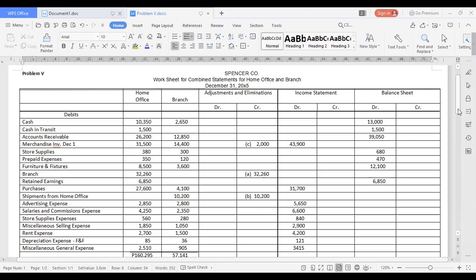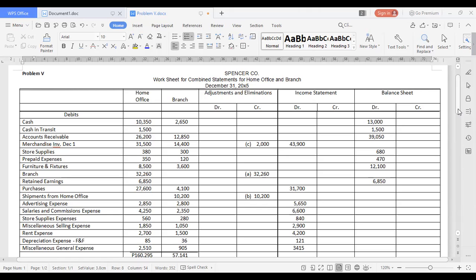So we credit for the amount of 350 for your prepaid expense. So minus miscellaneous general expense, 350. Then for accrued expense, another journal entry is to debit miscellaneous general expense and credit accrued expense.